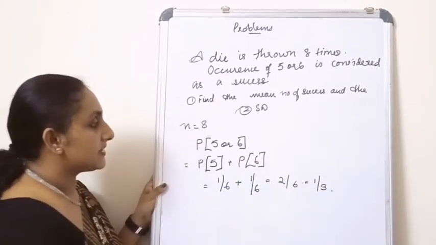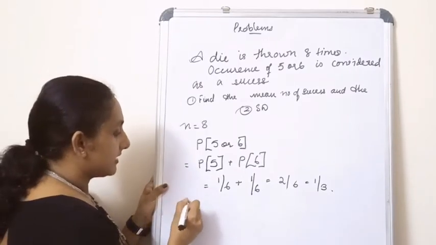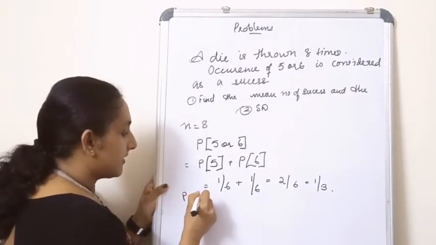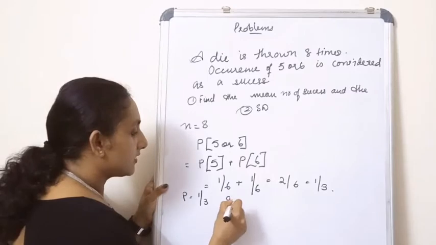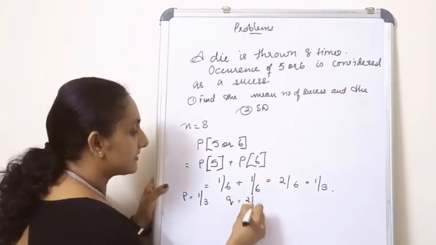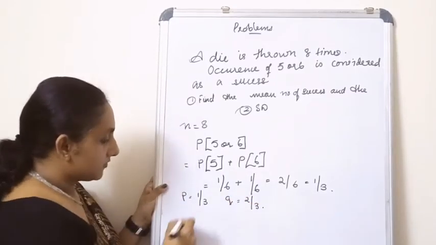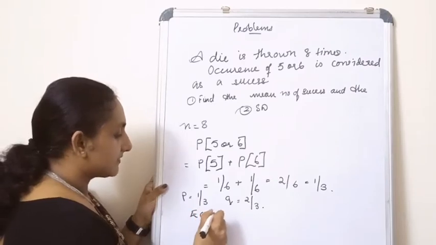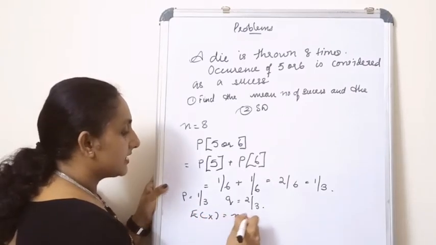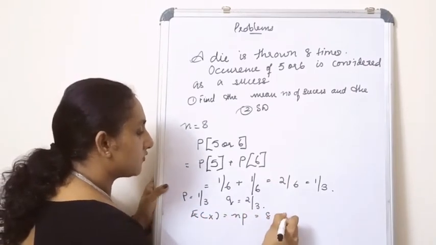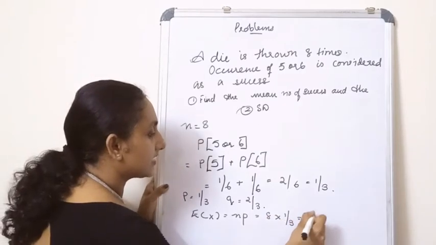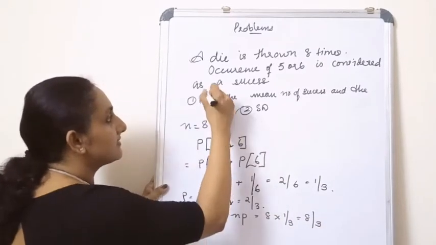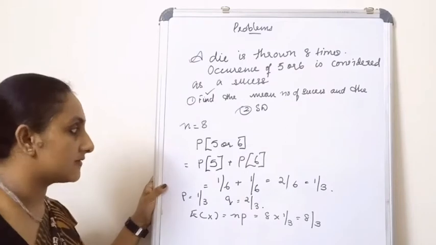So you got your small p as 1 by 3, and small q as 2 by 3. Now expectation of x is np, which is 8 into 1 by 3, equal to 8 by 3. So the first question is solved.